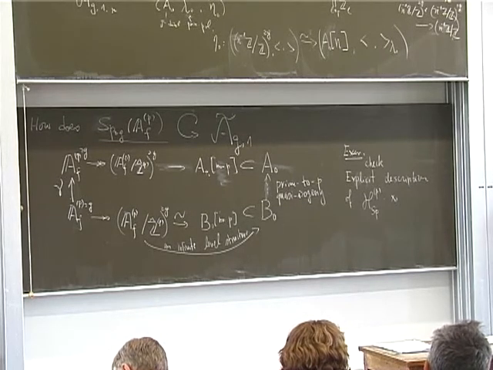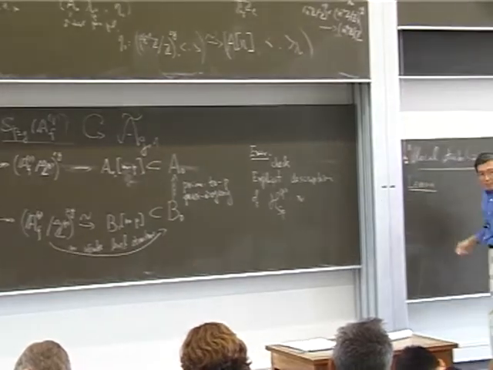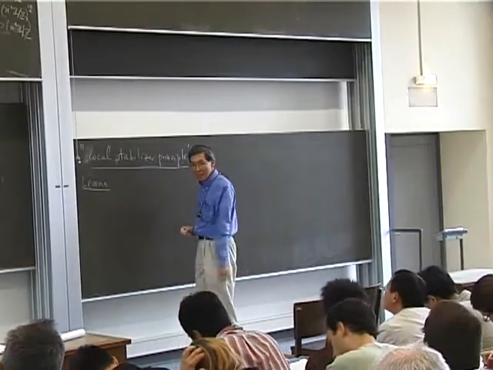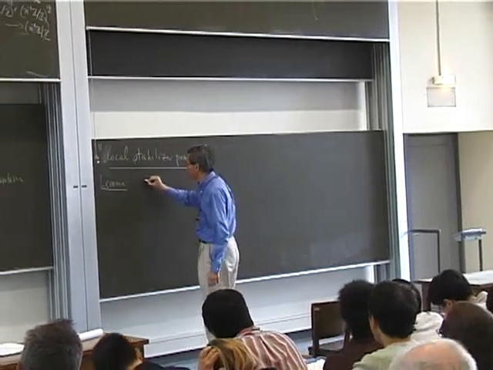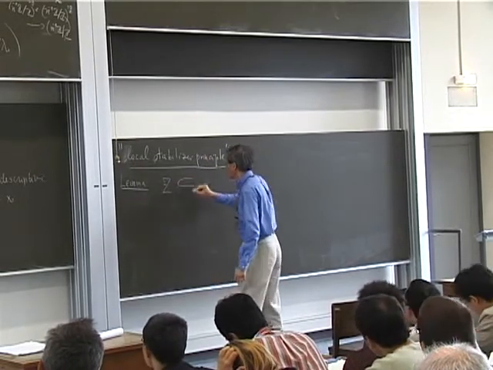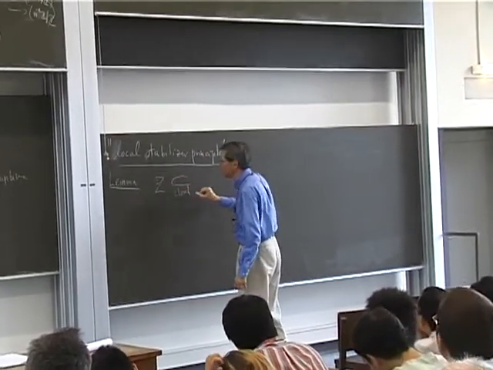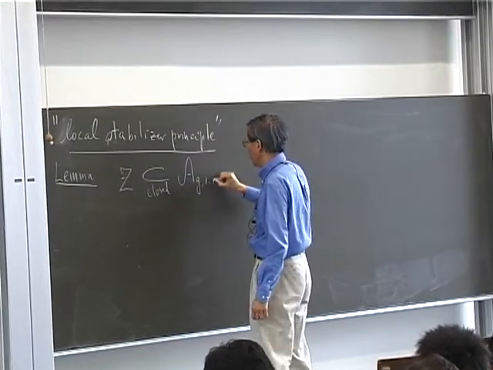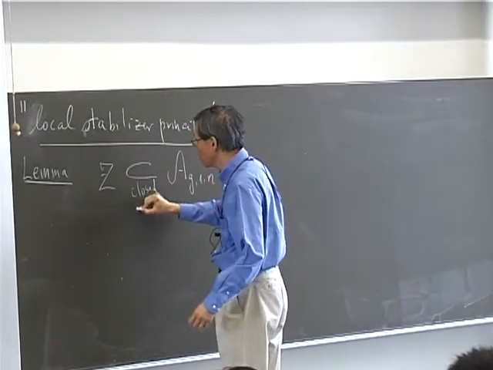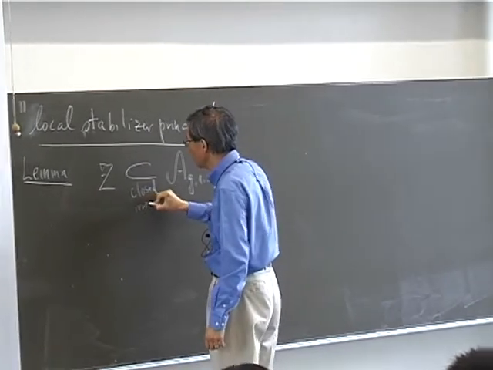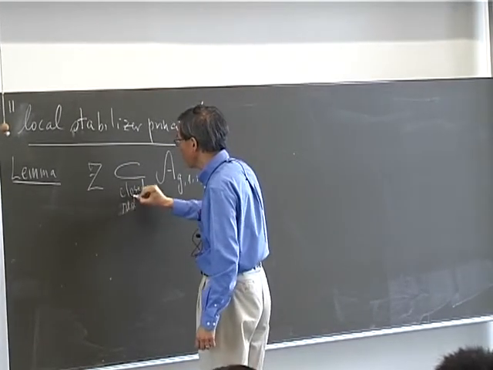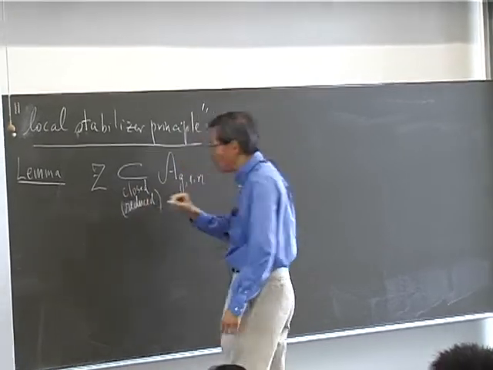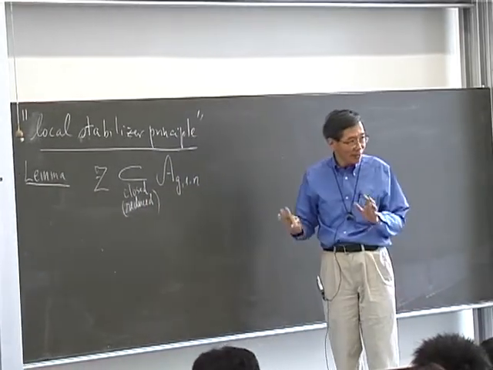So if you like, this is a lemma with this as its name. What it says is the following. Suppose I have a closed subscheme of A_{g,1,n}. It doesn't matter, but for simplicity, let's assume that it's reduced, if that makes one feel better. That's not important.